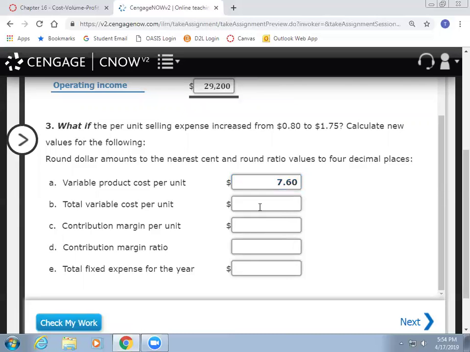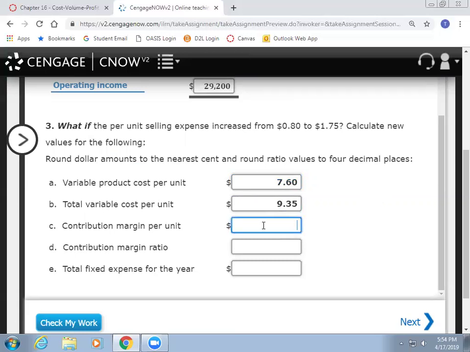What would my total variable cost per unit now be? $9.35. Very good. You could subtract the difference, the 95-cent increase, and add it, or you could re-add direct labor plus direct materials plus variable overhead plus $1.75. So total variable cost per unit went up 95 cents.